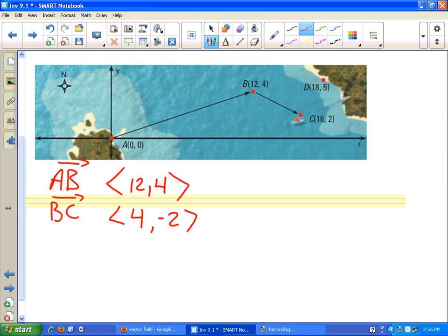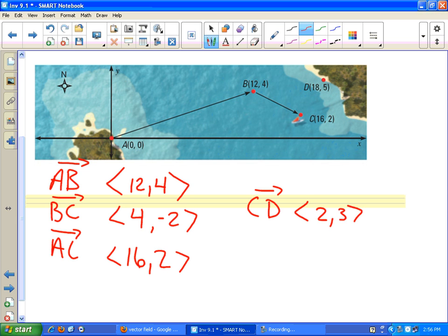Okay. How about if I went A to C? 16, 2. Let's go C to D now. Let's finish our trip. I would be going 2, 3.